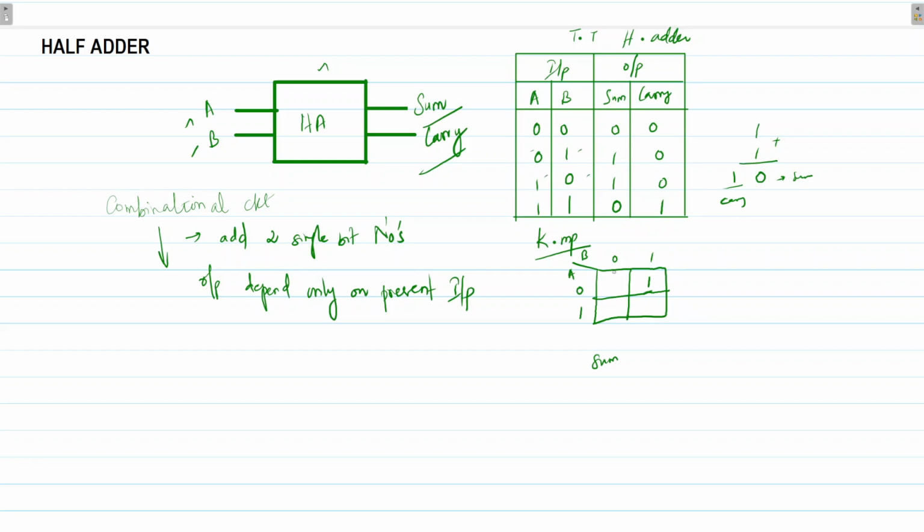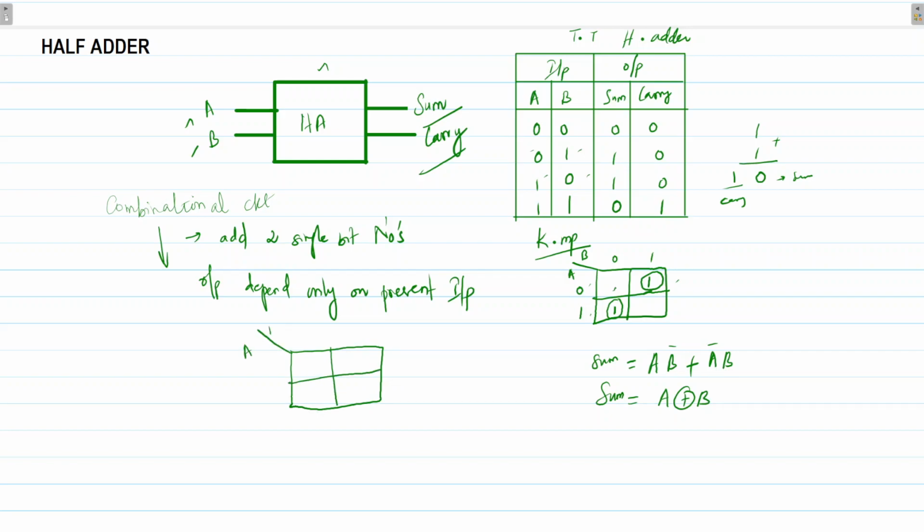Similarly 1 and 0 you have sum as 1. So the equation will be, for this combination it is A B bar plus, for this combination now it's A bar B. So what is this A B bar plus A bar B? That is A XOR B. That is sum.